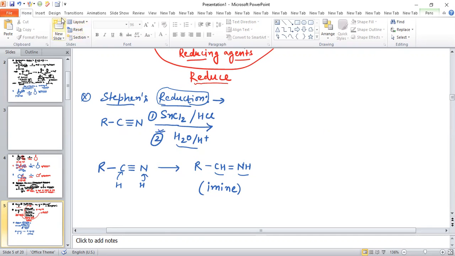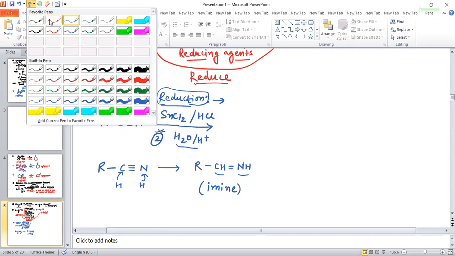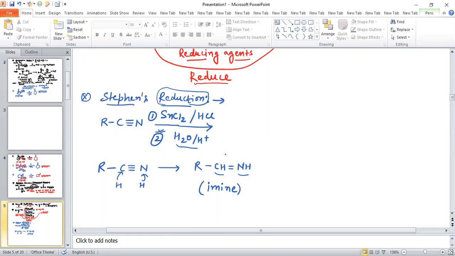So what happens in hydrolysis, you can easily identify. In hydrolysis, water is present, so there is H and OH. So add OH to the less electronegative atom.